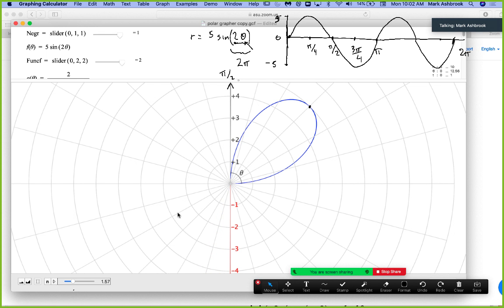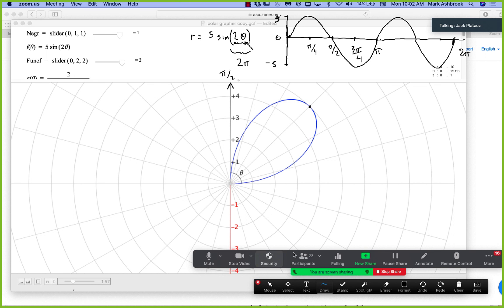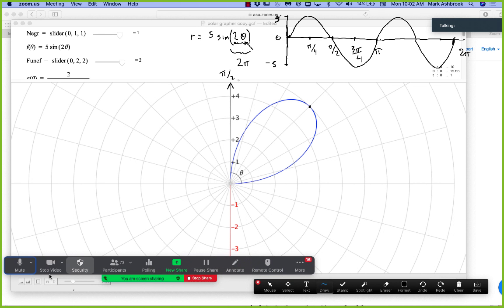Okay, so now from pi over 2 to 3 pi over 4, which is out to here, what's going to happen? R is going to go from what to what? 0 to -5. So where will that graph? In the 4th quadrant. Right.